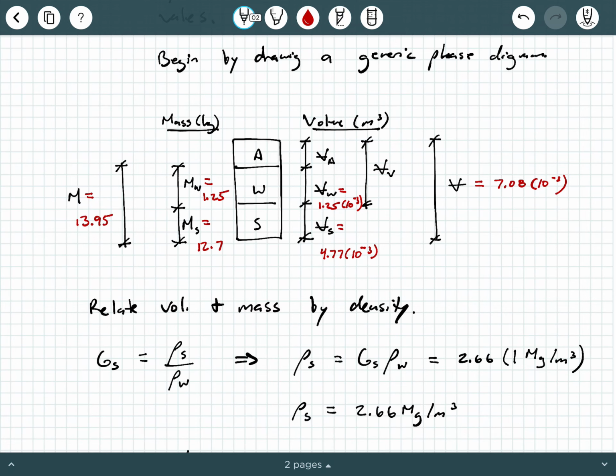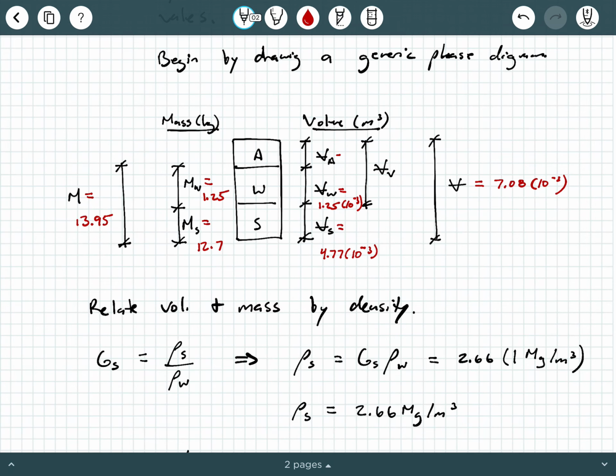We'll say 7.08 times 10 raised to the minus 3, minus 1.25 times 10 raised to the minus 3, and then minus 4.77 times 10 raised to the minus 3.